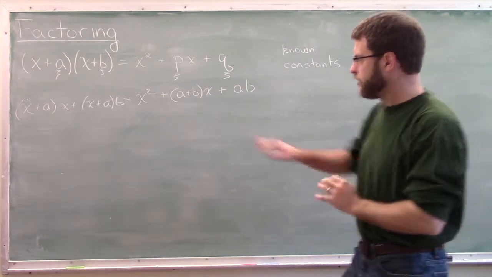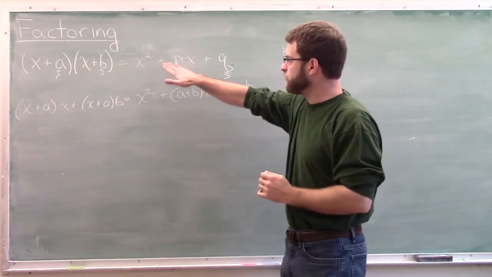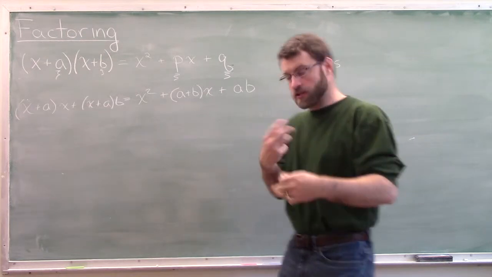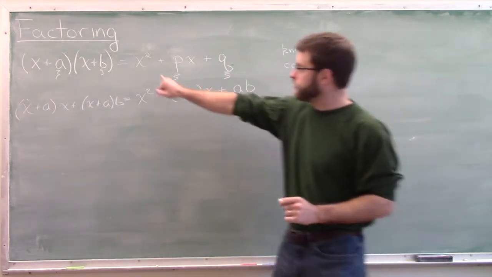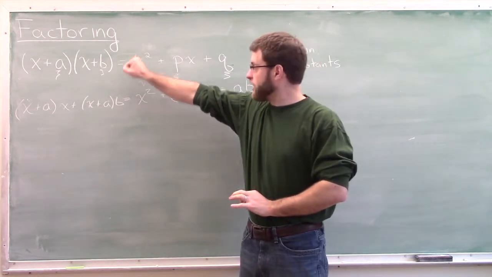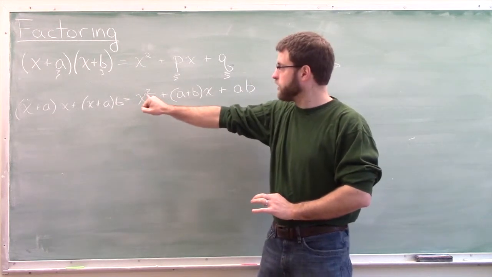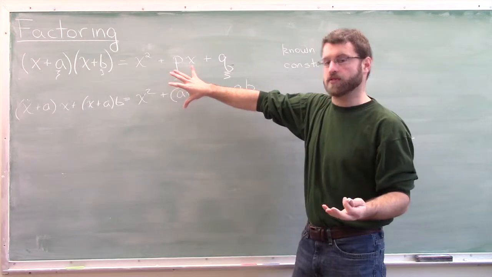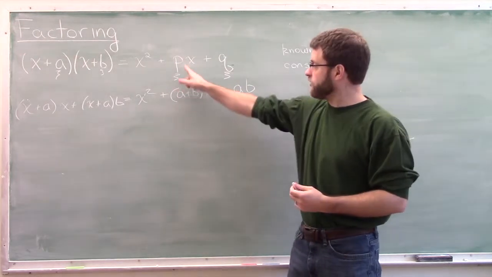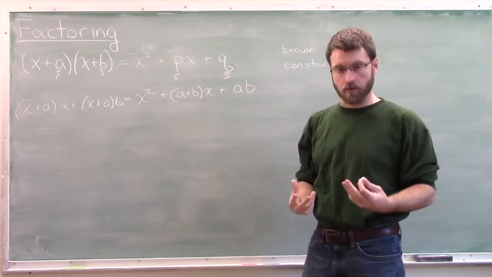Now, if these two things are equal to one another, that tells us the different parts that have to match up. We've looked at a special case where the x squared has a coefficient of 1, and that matches perfectly. The requirements that we need to fulfill when factoring are that the other two pieces match up perfectly.